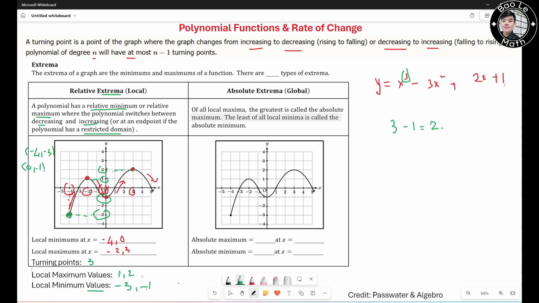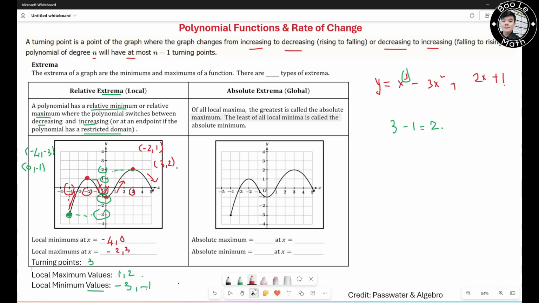So these are local minimum points. Now local maximum points are going to be (-2, 1) right here, and the second point is going to be (3, 2). So keep that in mind.